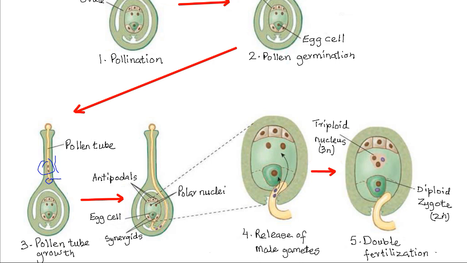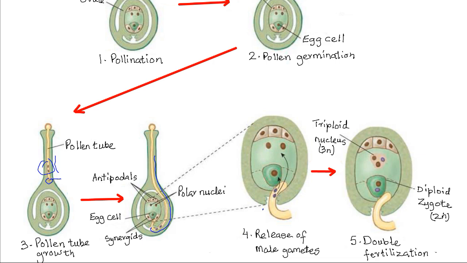Now, the tube continues to grow down the style. Once it reaches the ovary, it enters the ovule through the micropyle. So here the pollen tube grows down the style and into the ovary and then into the ovule.